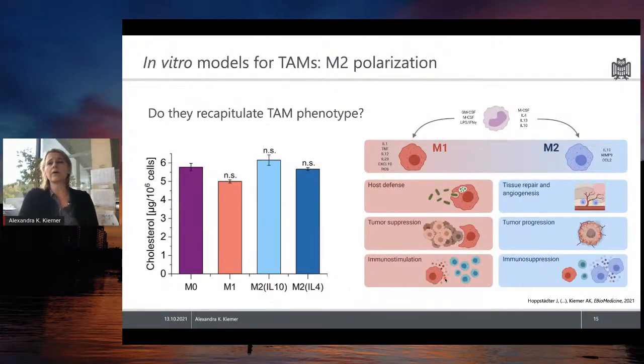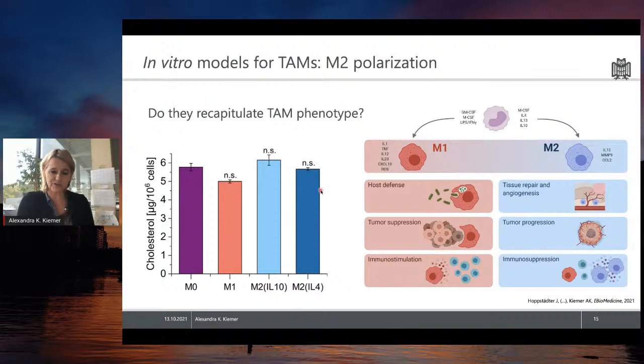So I mentioned before that many people use these in vitro models to model tumor-associated macrophages, polarizing them towards M2. And so that's what we also did, compared them to non-polarized macrophages and also to these inflammatory M1 macrophages. And when we measured cholesterol here, we saw clearly that neither the IL-4 nor the IL-10 polarized M2 macrophages show a decrease in cholesterol levels.